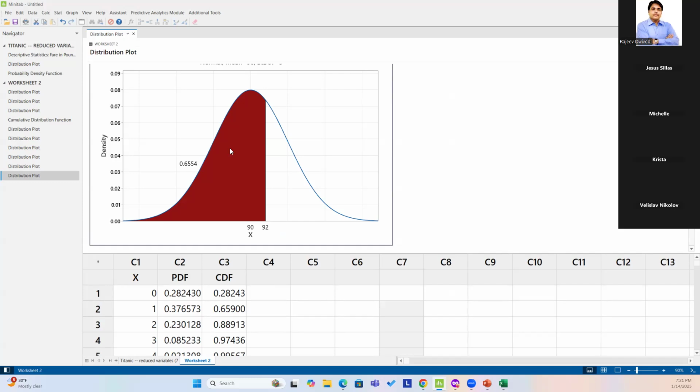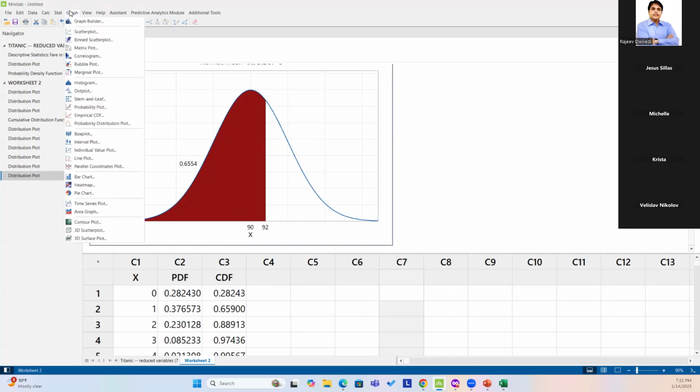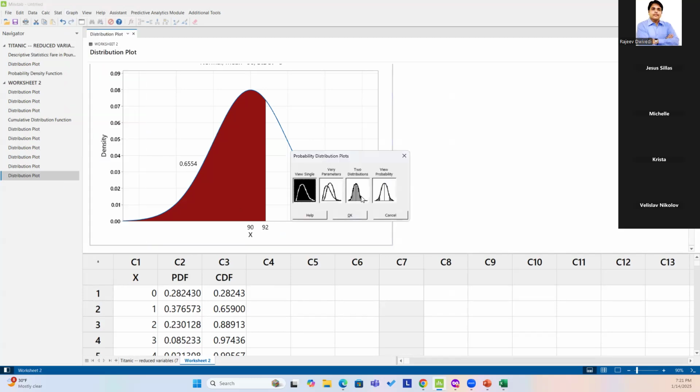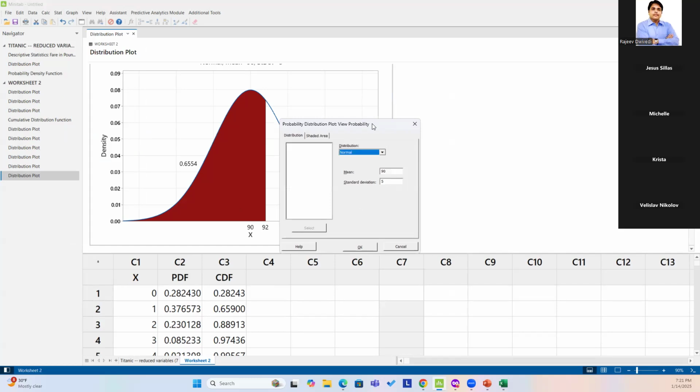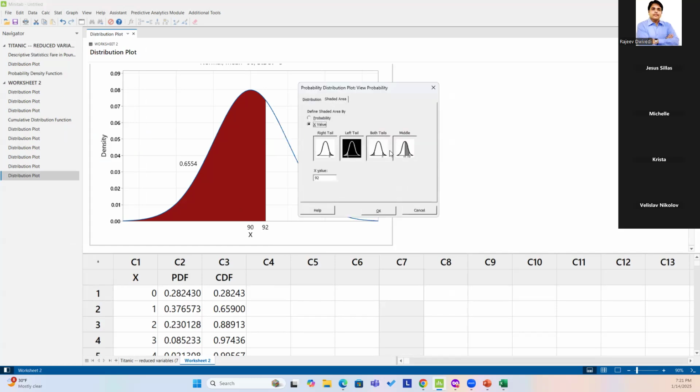And if I ask the same question, what should be the cutoff point of the 95 percentile? How can I check? I can go here, probability distribution, and I can check the probability for 95, or I can do this 5% or 95%, either way. Let's say 95.